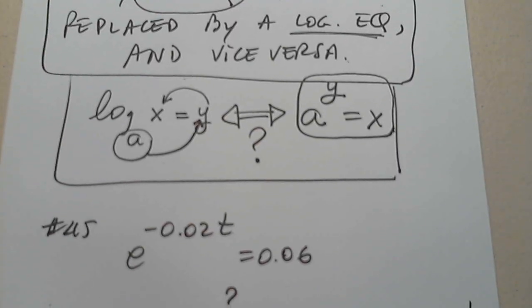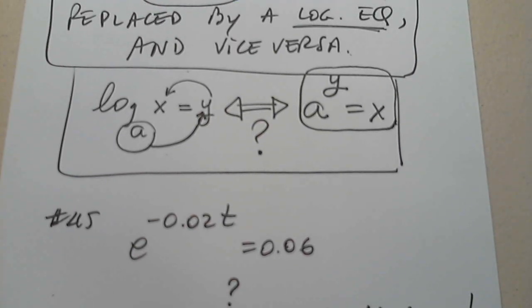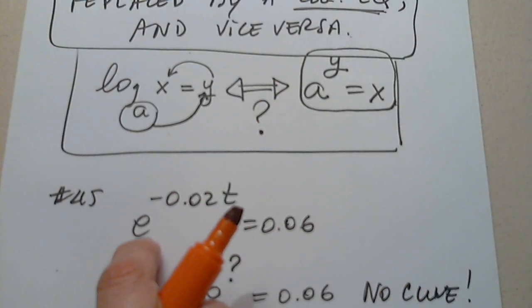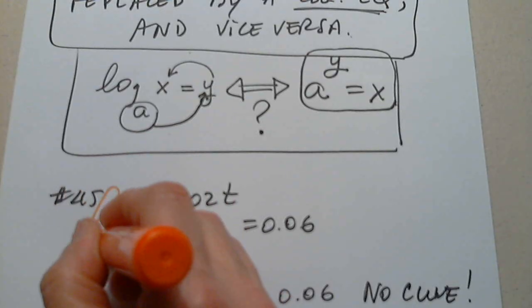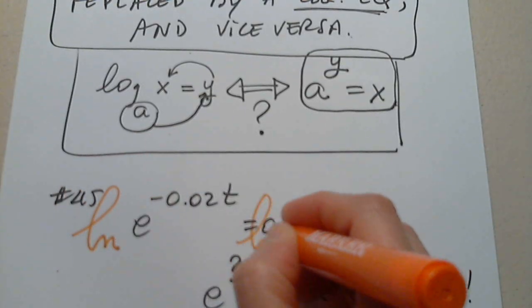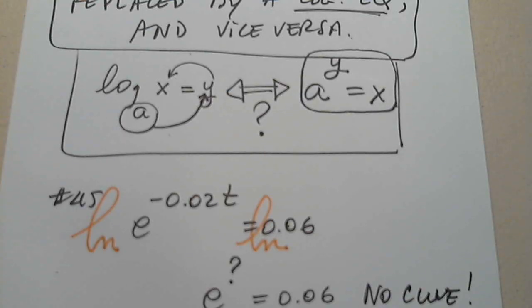So what we are going to do, because this is the base e, we're going to apply natural log to both sides. It's like squaring both sides. It's like taking the square root from both sides.